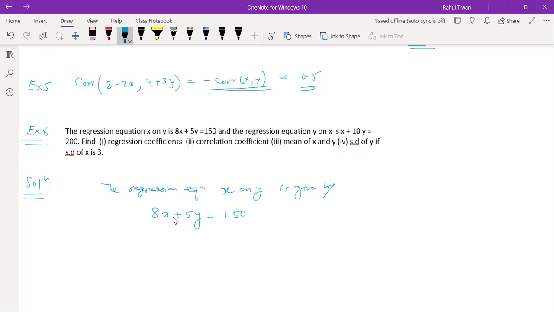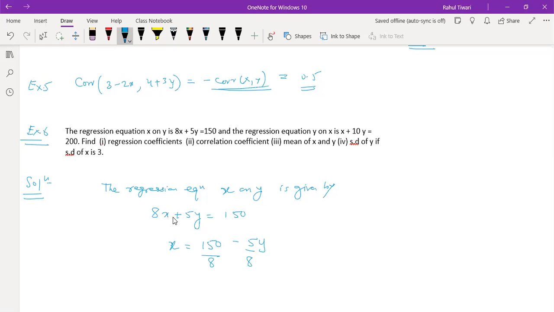What is given? x on y. So whenever it is x on y, you keep x on the left hand side and put everything else on the right hand side. 150 minus 5y, right? Because if you take it to the right hand side, it's minus 5y, and we write in terms of x only. 8 will be there, so divide by 8.